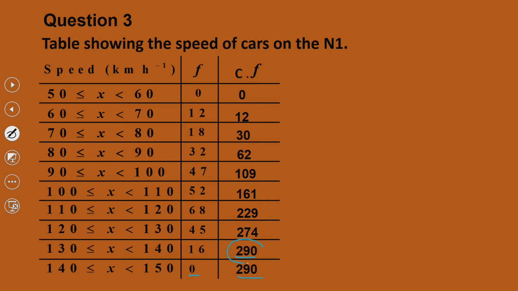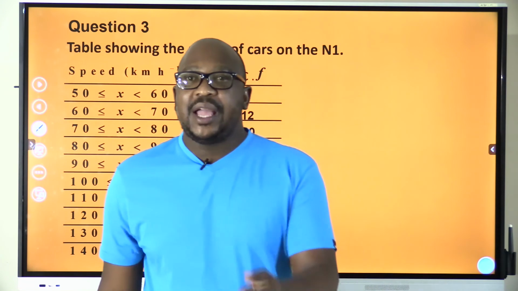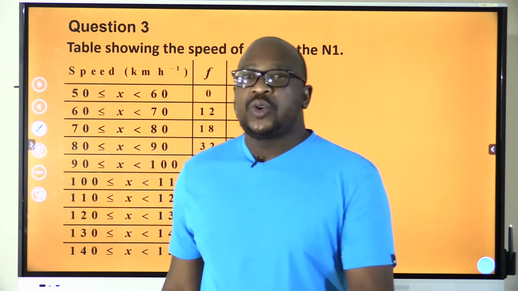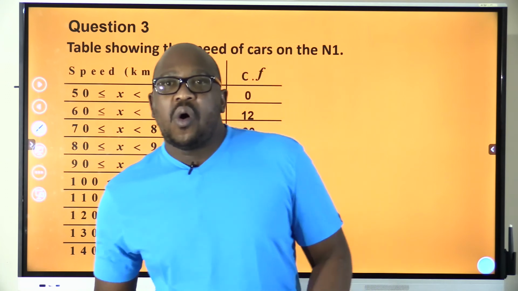Now pay attention, 290 plus the 0 is still giving you 290. Wonderful stuff. Now we'll be able to use the information to draw a cumulative frequency graph.